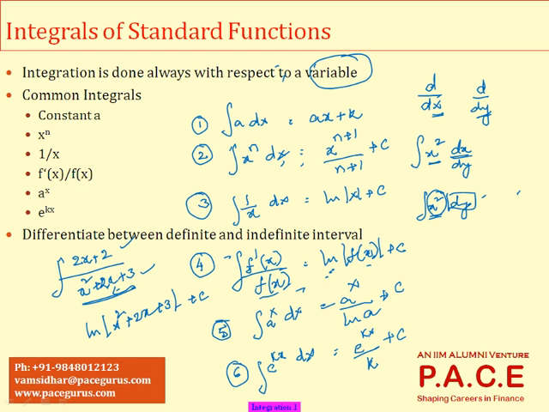Probably the best way is to try to differentiate these. What is the derivative of log mod x? It is 1 by x. So this is what you got here, right? If you try to find the derivative of e power kx by k, what is it? 1 by k e power kx into k, which is nothing but e power kx.